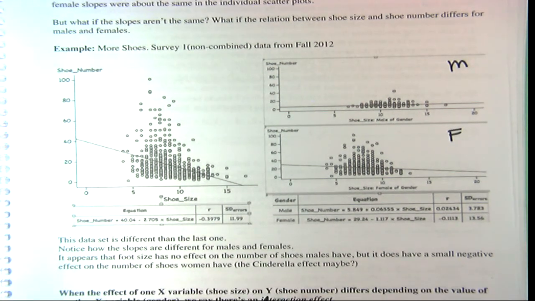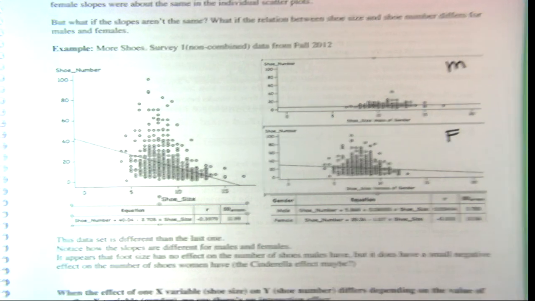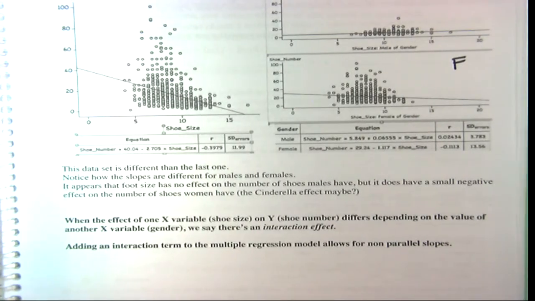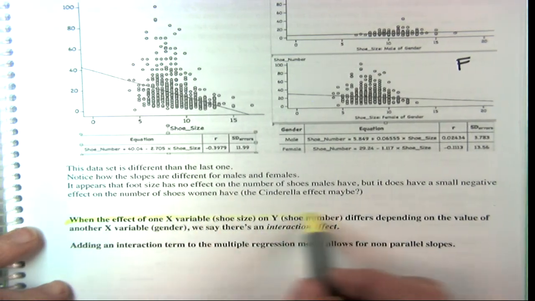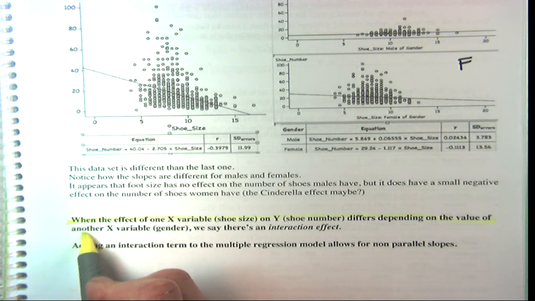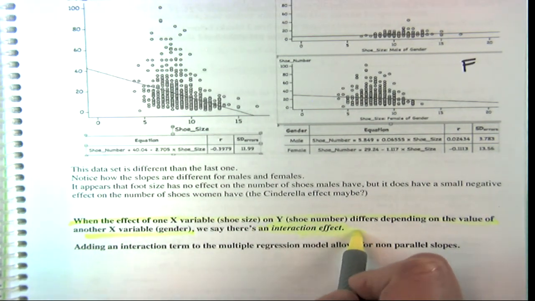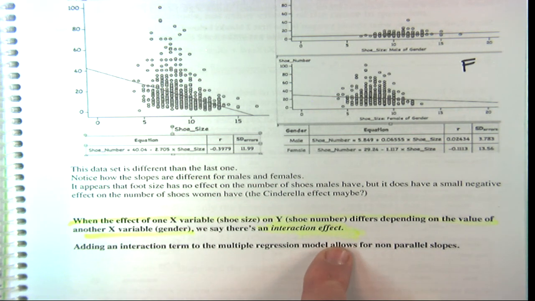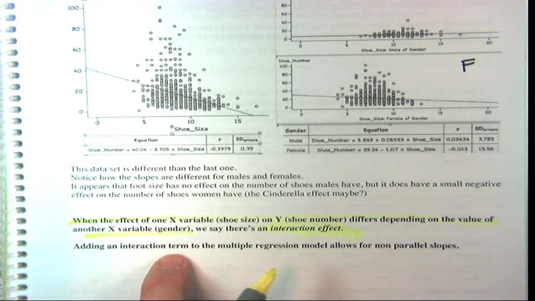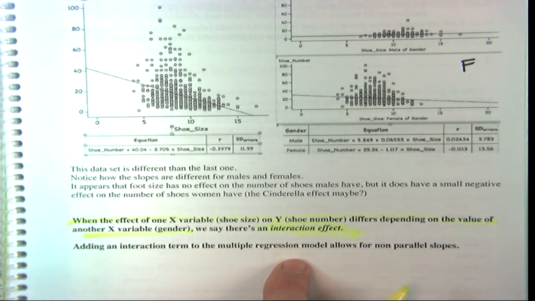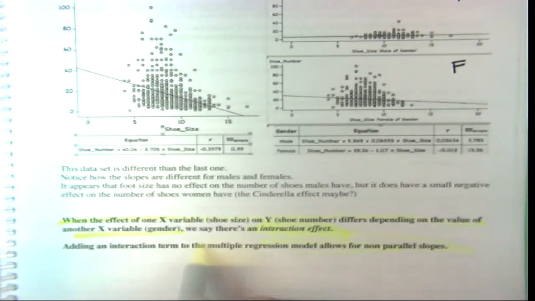So when the effect of one variable, shoe size, on Y differs depending on the level of the other variable, that's called an interaction effect. Okay? And adding an interaction term to the multiple regression model allows for non-parallel slopes.